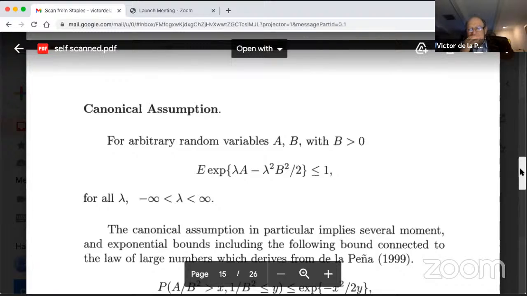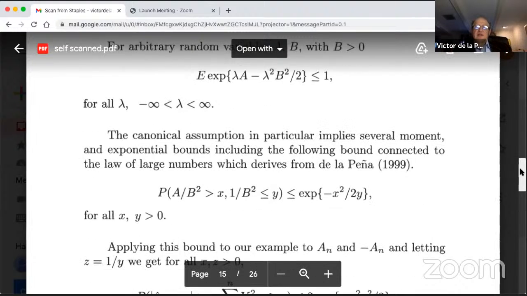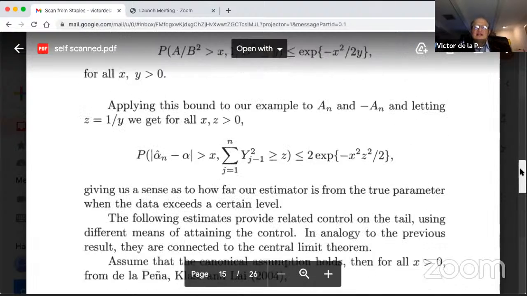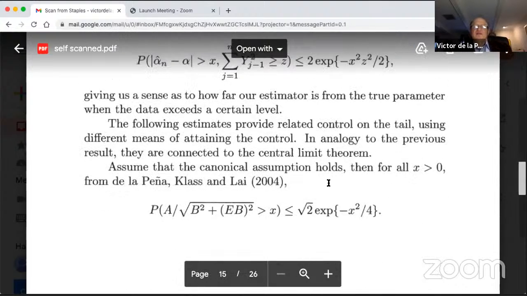You have arbitrary variables A and B squared. They can be dependent in whichever way you want. That has to be less than or equal to 1 for all lambda. Then you have the following exponential inequality.